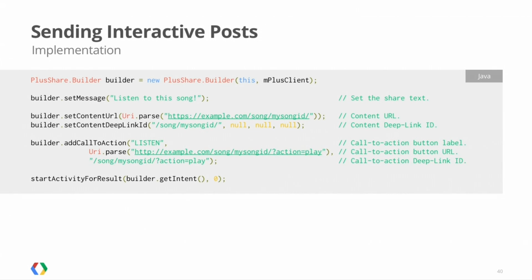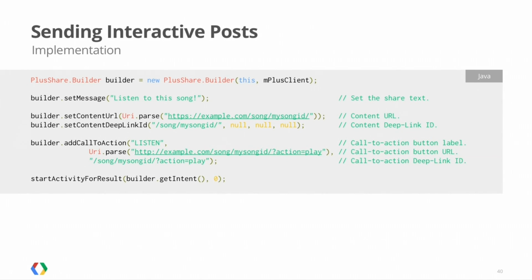Now, similarly to the content, I'll choose a URL for the web and a deep link ID for mobile. That's iOS and Android. I build an intent by calling getIntent, and then call startActivityForResult to launch the share box. Then the user can configure who it's going to share to. I would include Lee, and then hit post.